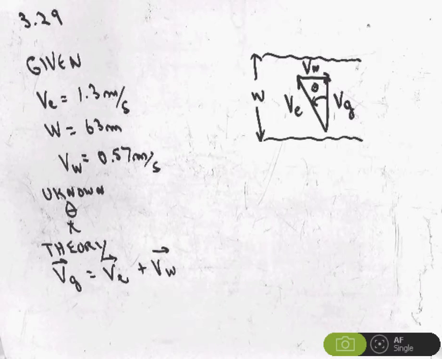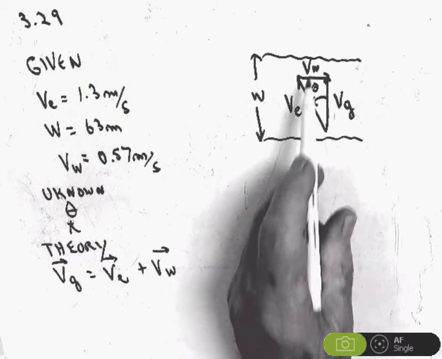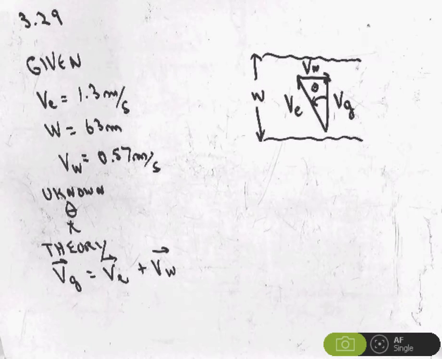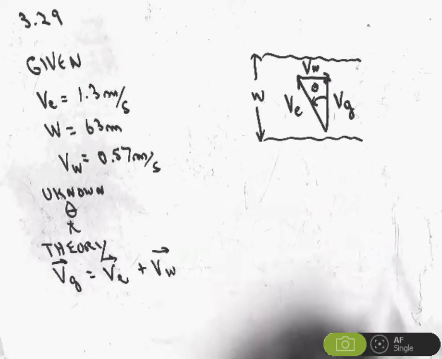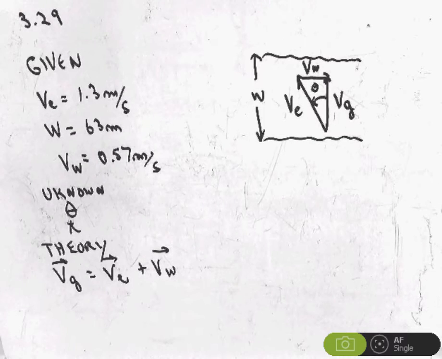Okay, so there's the theory right there. And this triangle right here shows the addition of those vectors. This vector is the sum of that vector plus that vector. And you've got some geometry here because you know the hypotenuse and one side of the right triangle, okay?